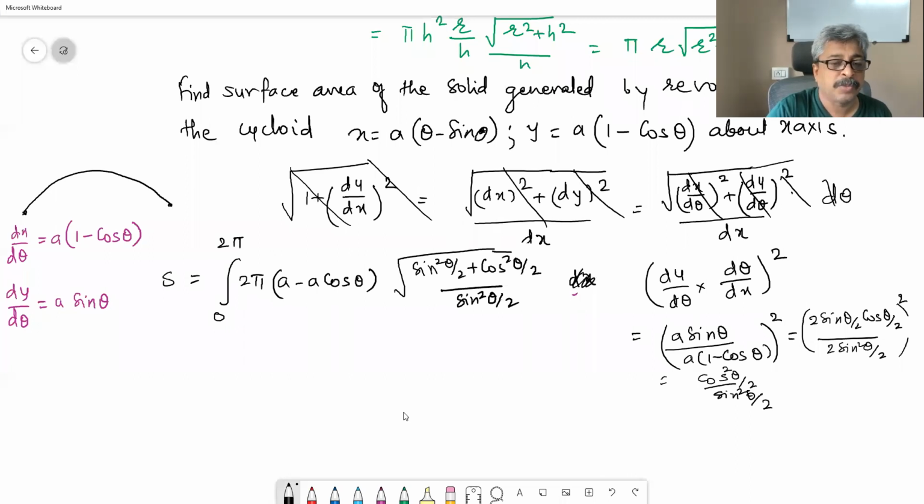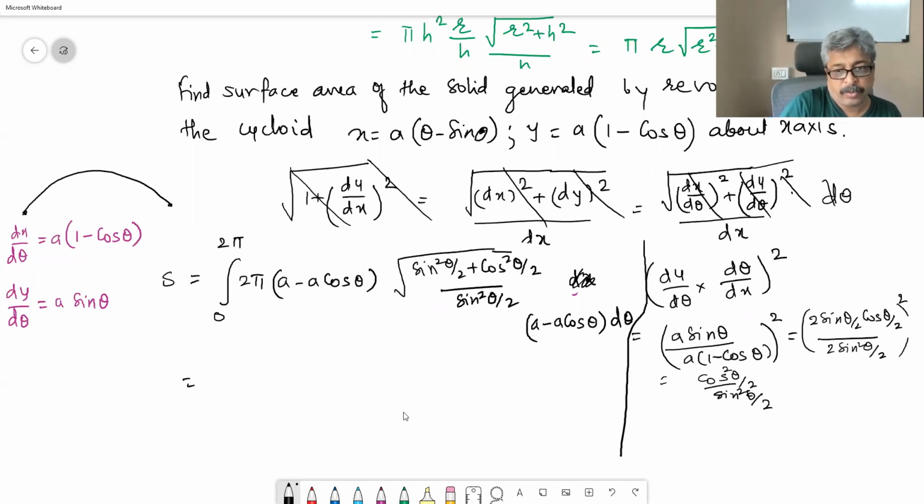So this can be a minus a cos theta d theta. Okay, so this is a different calculation. Now let us see what we have. What is this?